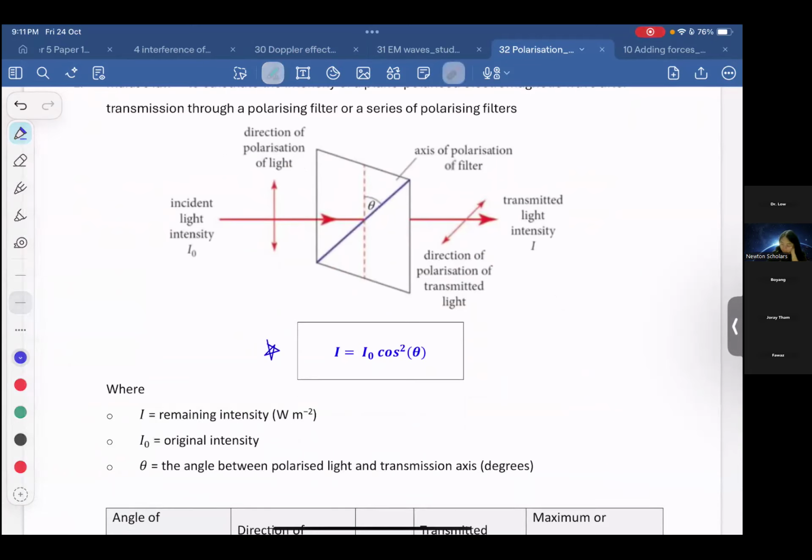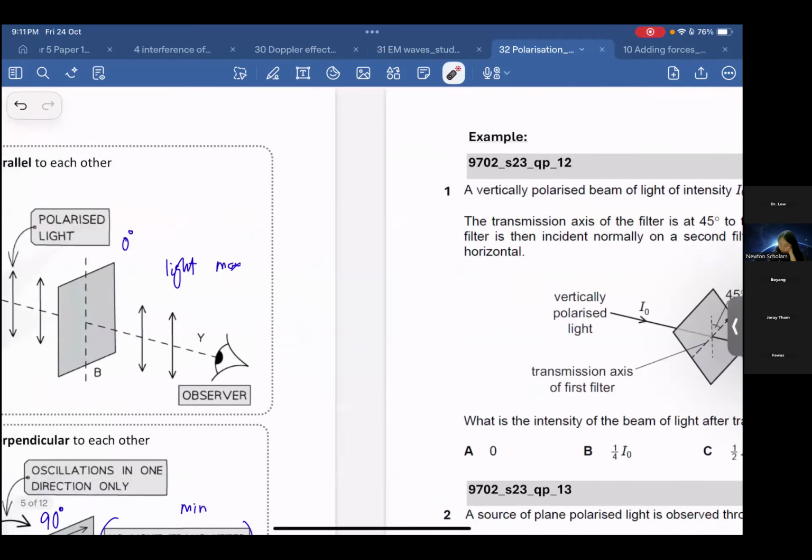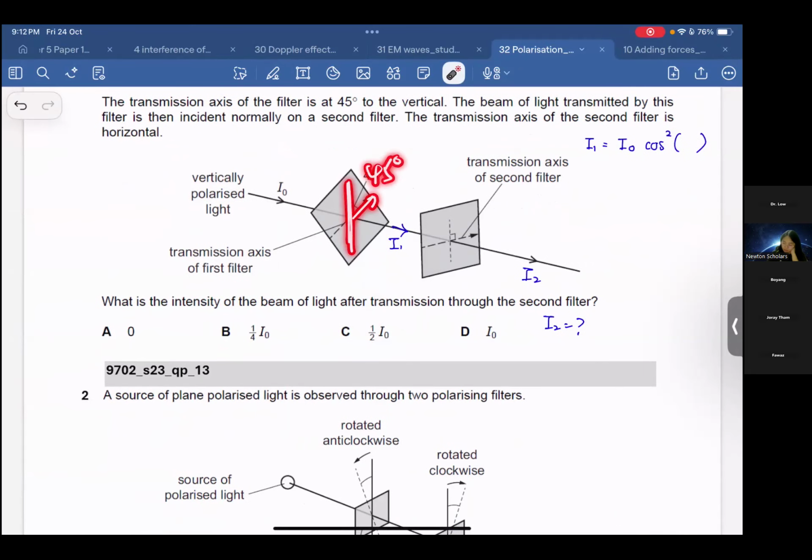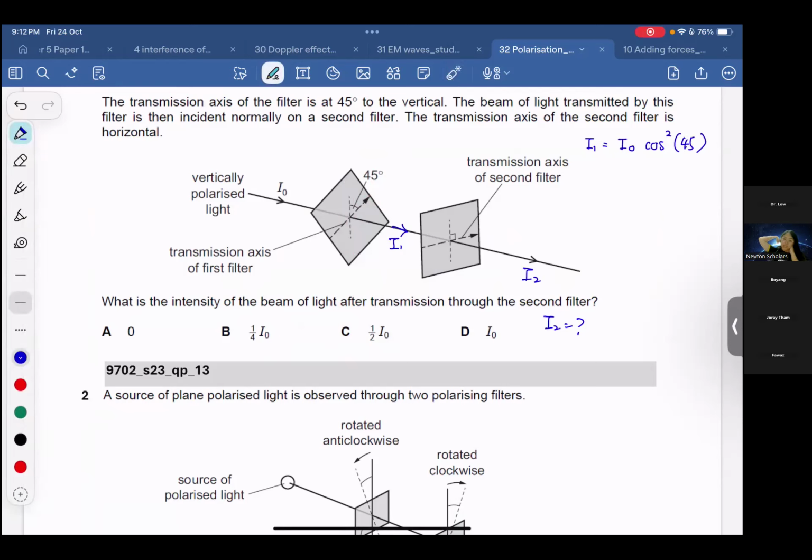The angle theta here is from here to the axis, which is 45 degrees. So we put 45. Cos squared 45 gives half, if you press your calculator.